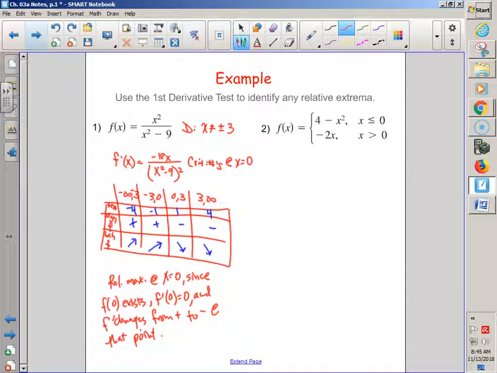Could have also said x equals 0 is a critical number of f and f prime changes. Those are the two conditions that need to be true.